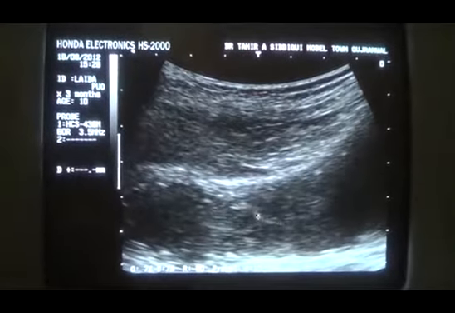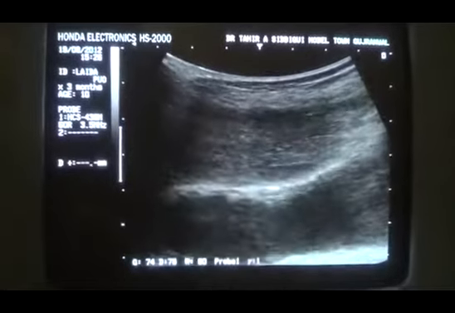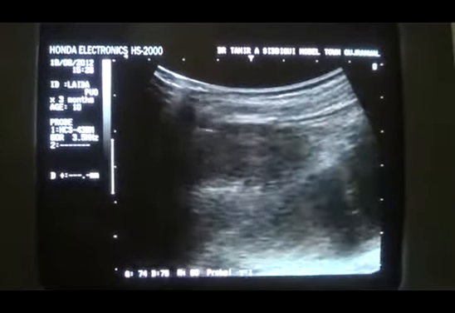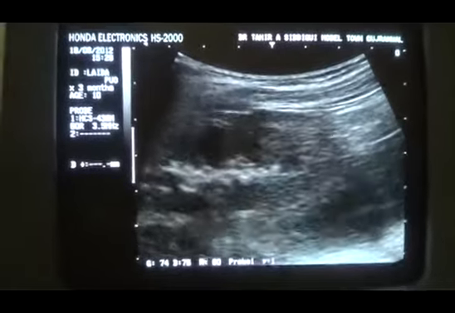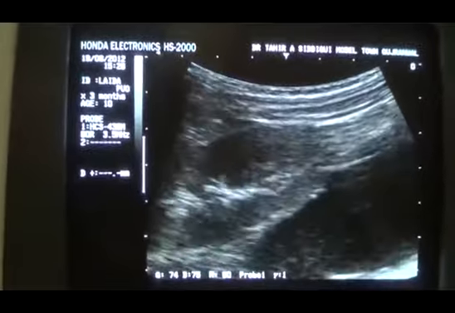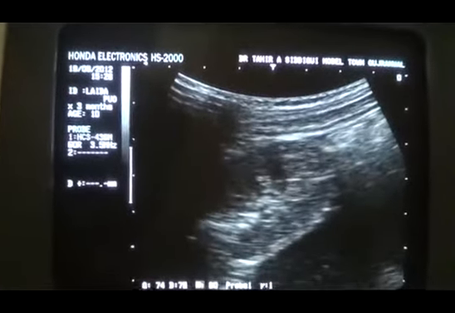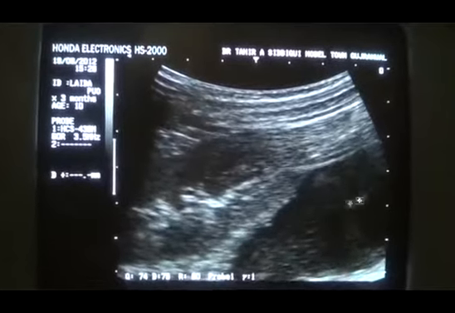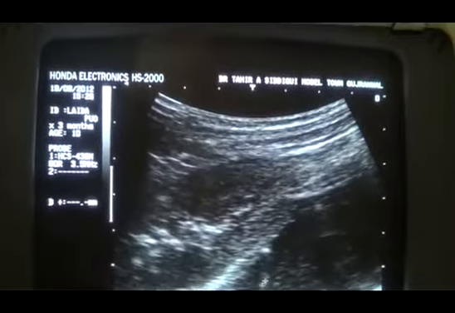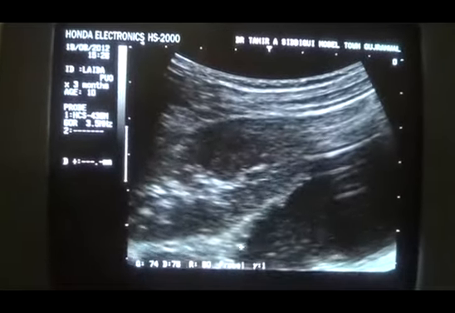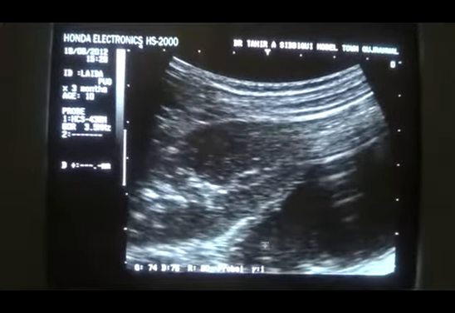Now this fluid is in fact pus. This is the kidney, and you can see these sand-like particles, this is a clear area, and here you see the echogenicities as well as the low-level internal echoes, this debris.